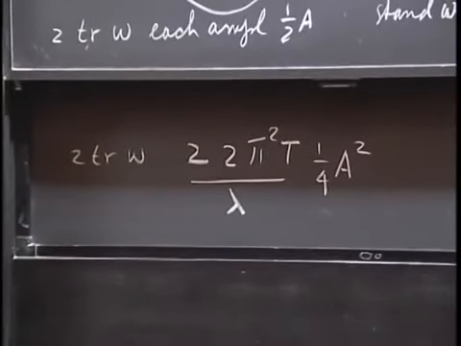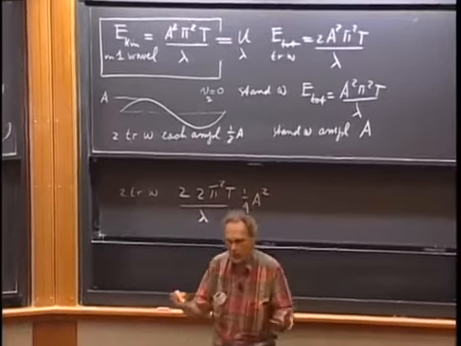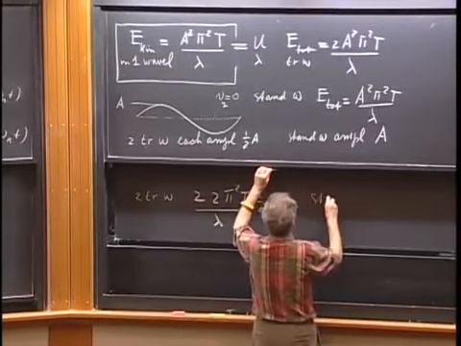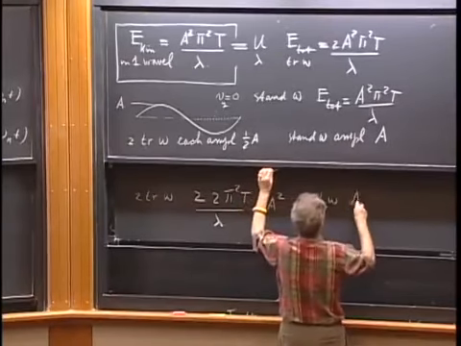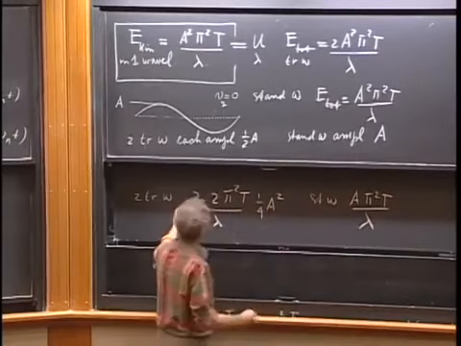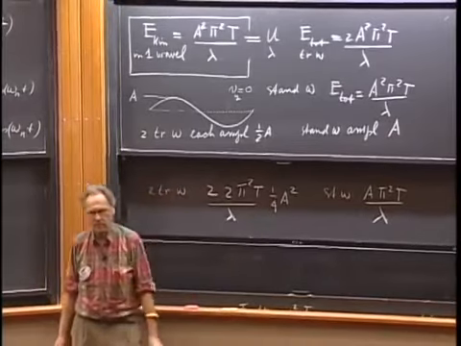Do we agree? What is the energy in one standing wave with an amplitude A? Well, we have the answer here. In a standing wave, all the energy must be A squared pi squared T divided by lambda. Look at it. They are the same. This 2 and this 2 and this 4 eat each other up.